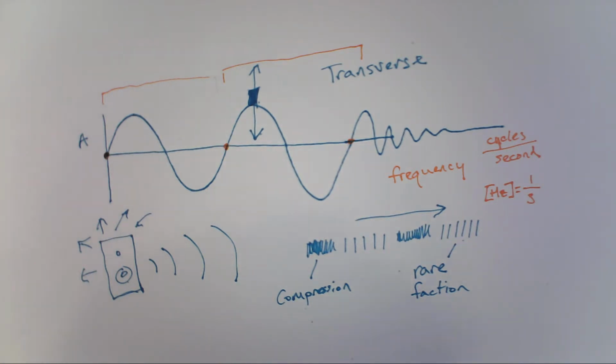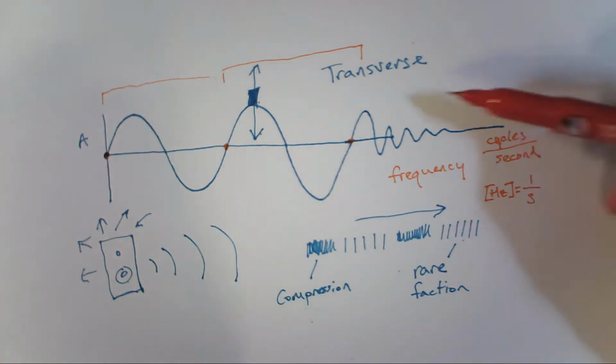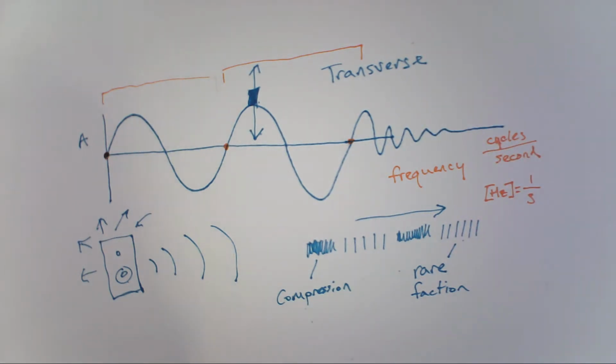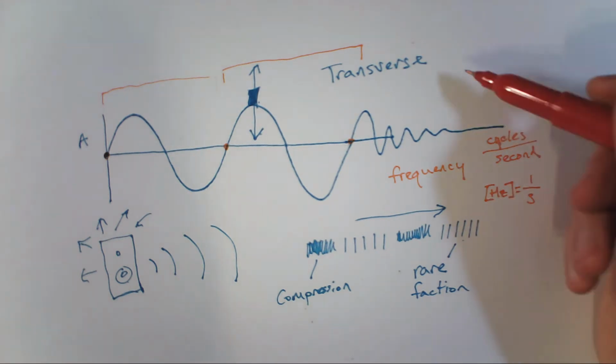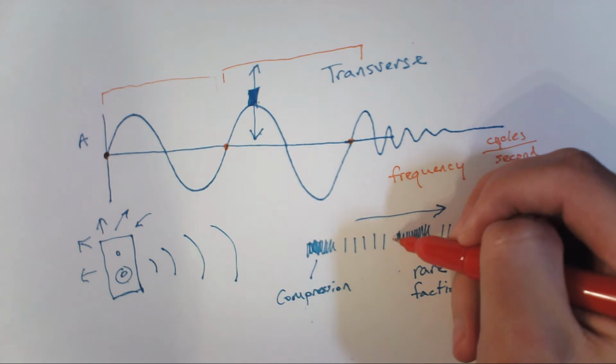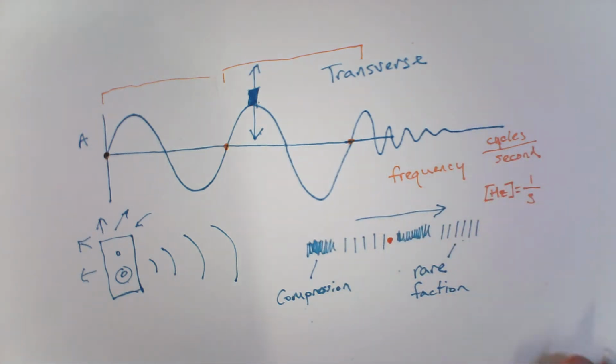Well, now that we know frequency a bit, we should talk about how we can overlay a longitudinal wave with a diagram that looks a lot like a transverse wave. And it's kind of difficult to do, which is why we started with a transverse wave. But let's think of it this way. I'm going to draw a single point on this line.